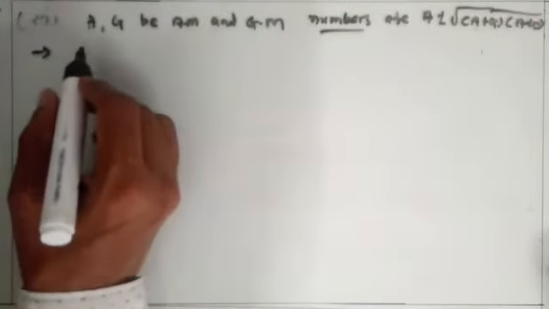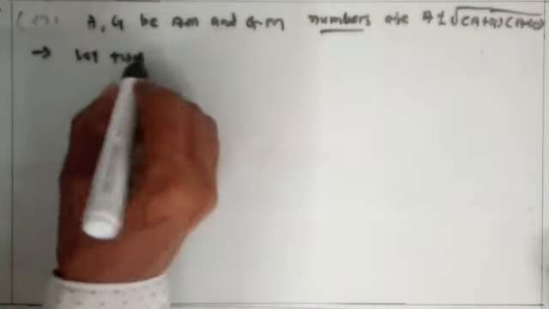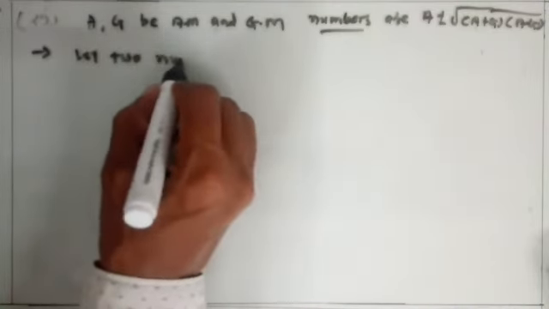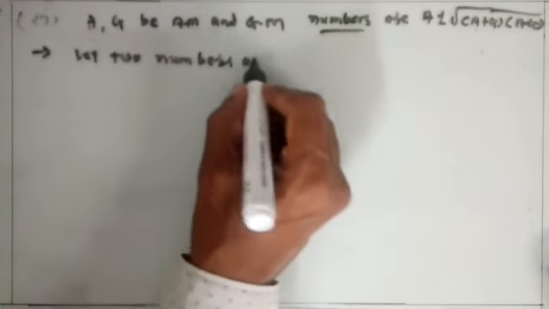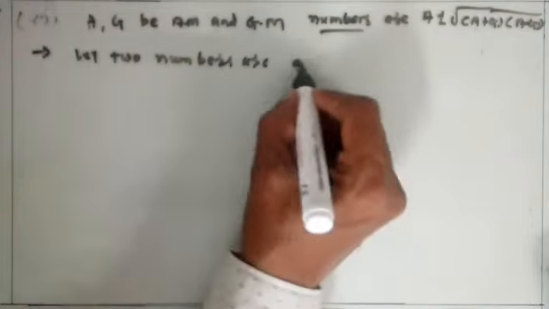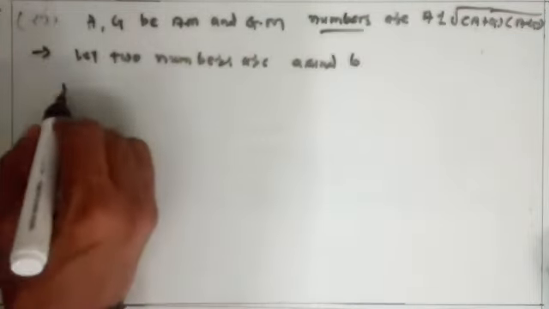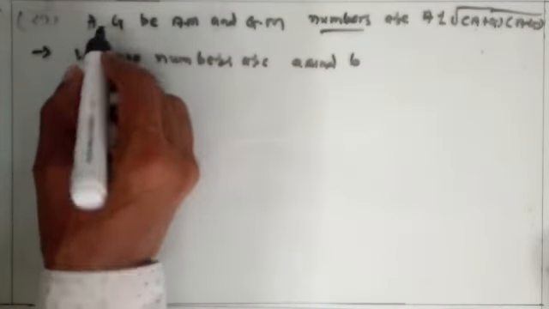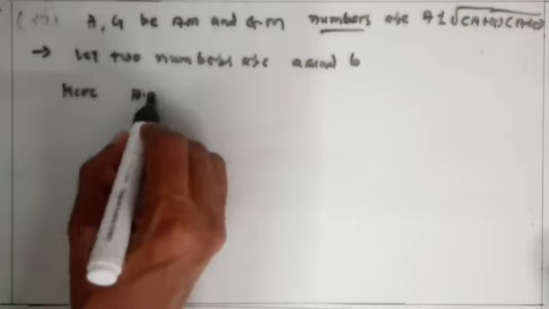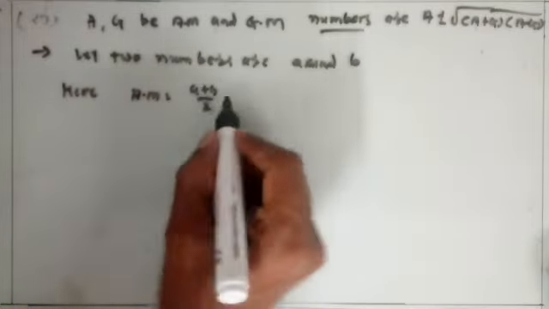First, suppose the two numbers are a and b. Here the arithmetic mean is A. So the arithmetic mean of a and b is equal to, we know that, (a plus b) upon 2.